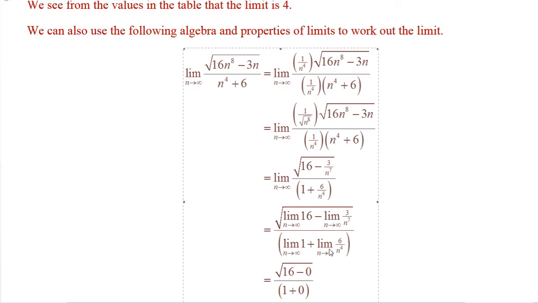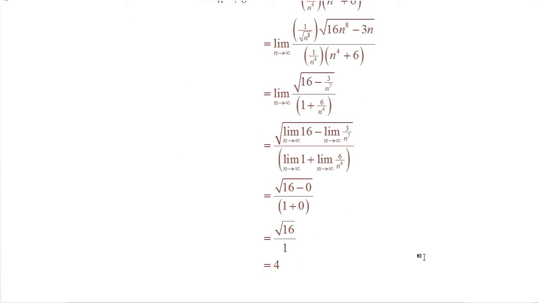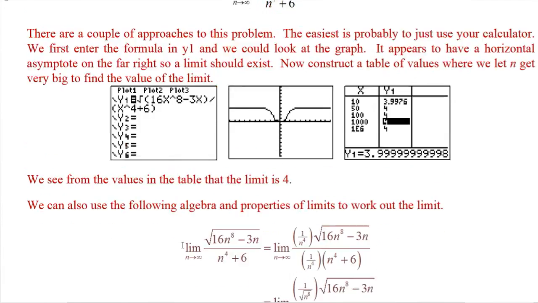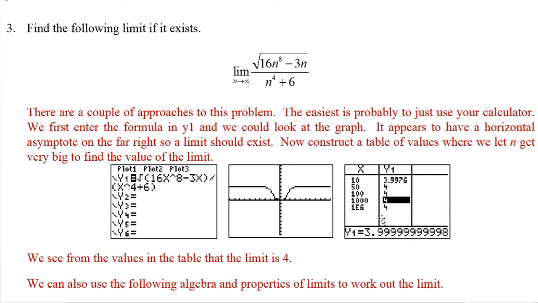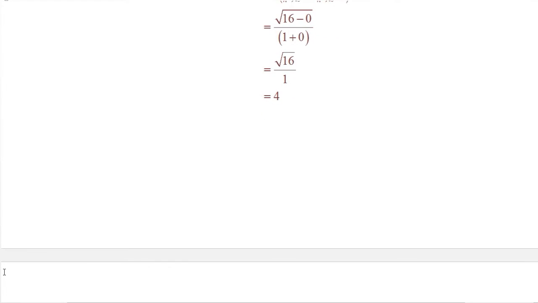So both of these fractions approach 0, and so this goes to the square root of 16 over 1. The square root of 16 is 4, divided by 1 is 4. So there's a formal proof using some properties of limits. But again, if all you need is just the number, you can also do it from a table as well. So you can go either way that you want on that one.